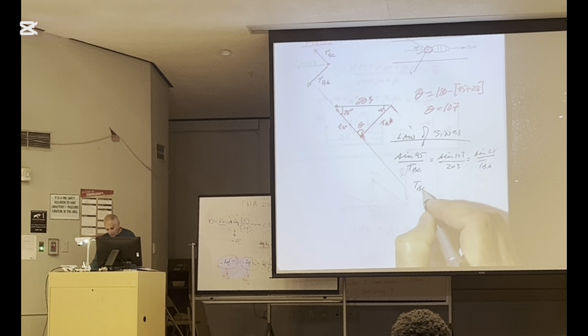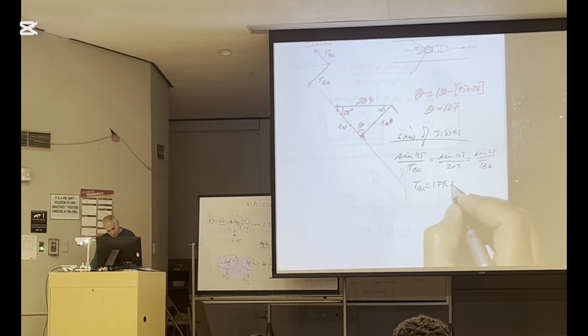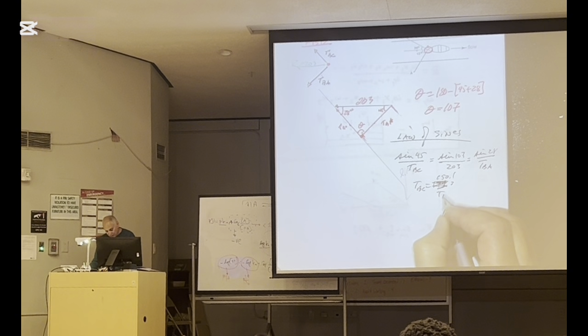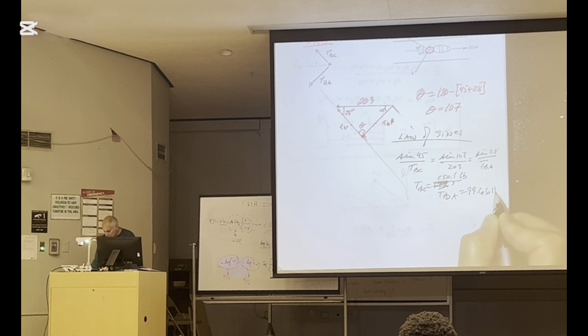This should lead me to 2 TBC, which is equal to 179. TBC is equal to 150.1, TBA equal to 99.66 pounds.